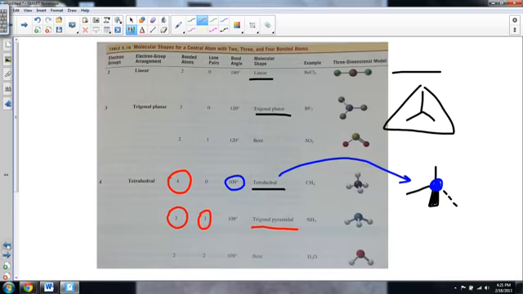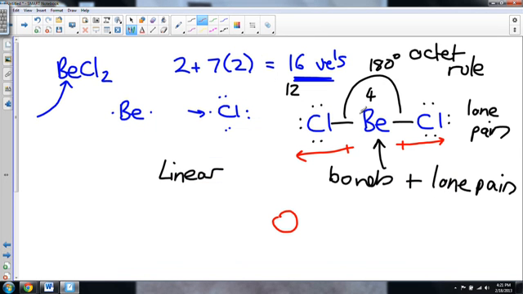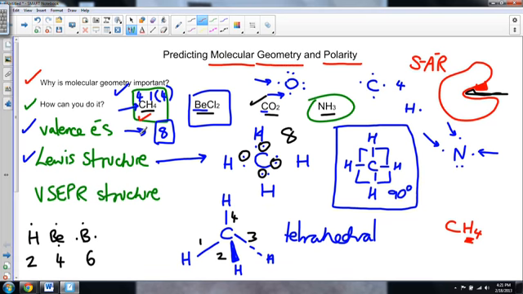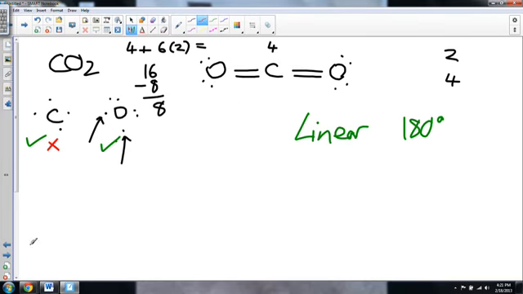So notice for beryllium chloride, there are no lone pairs on the central atom. There are no lone pairs on the central atom of methane. Both of those cancel out, so they're both non-polar. CO2: same thing, oxygen's more electronegative than carbon, and this is linear. These two dipoles exactly cancel each other out, meaning the polarity overall is 0. There are no lone pairs on the central carbon there.